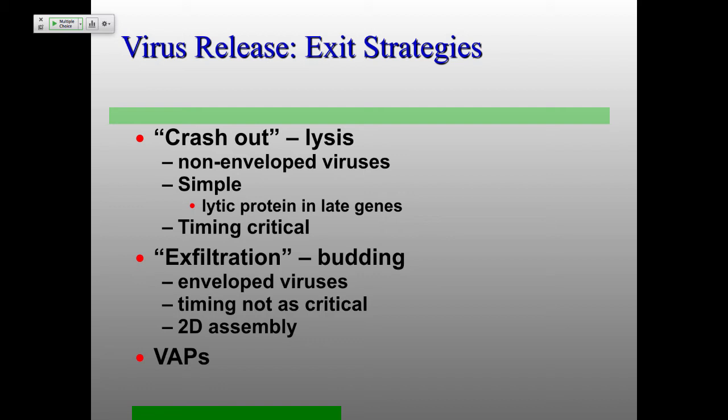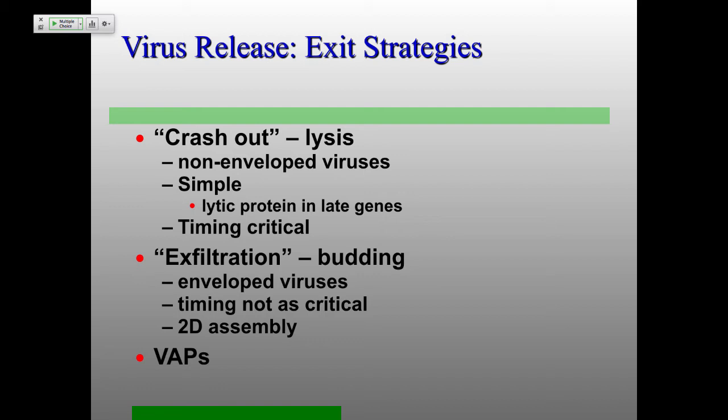So if you lyse the cell too soon, blast it apart, you're never going to make any infectious virions. So it's this balance in how fast you're making the virions. And in the case of something like T4, this thing's pretty darn complicated. It actually does take quite a long time to put the whole thing together, relatively speaking. So the timing is really important in terms of lysis.